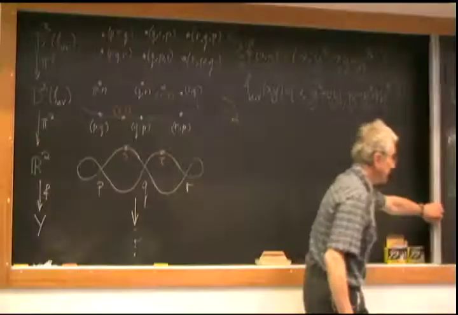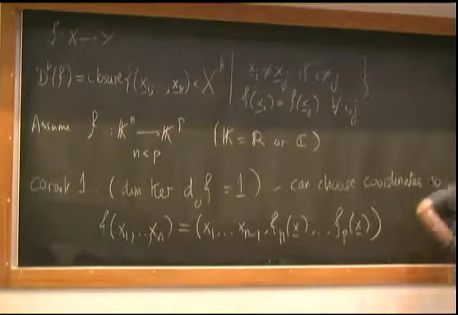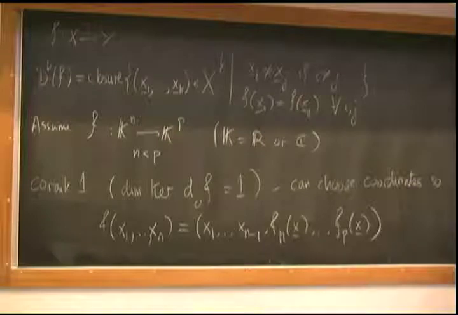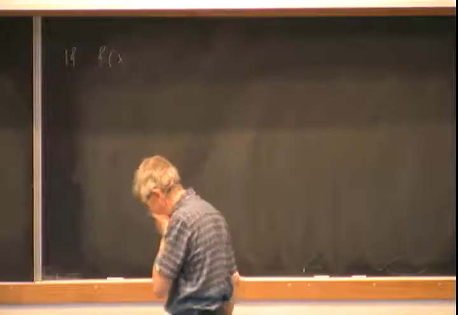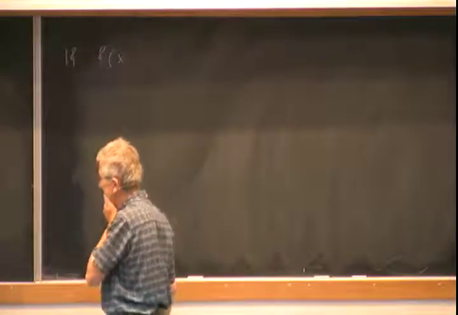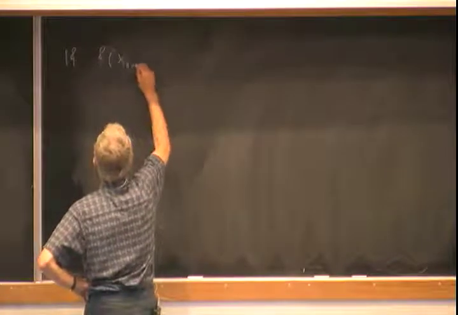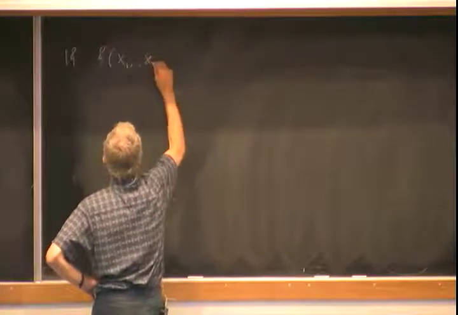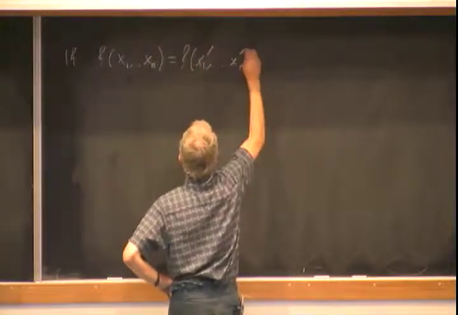Okay. So if f of x1, ..., xn is f of x1', ..., xn', let me say, I've got this problem of notation.